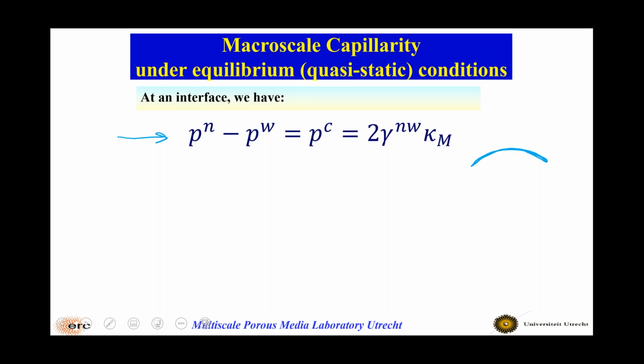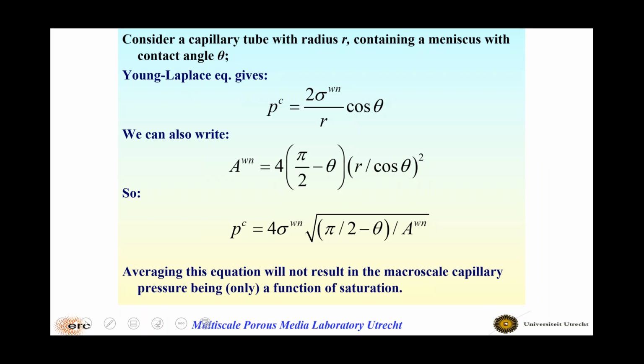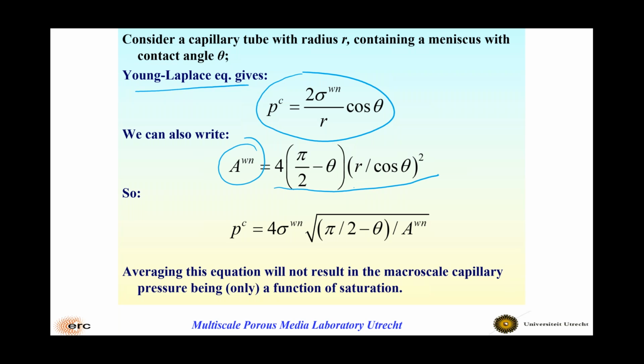Now, you can never average this equation and get the macro scale capillary pressure relation that we know. In fact, if you average a relation like the Young-Laplace equation, we can write the area of the interface in this form related to the radius of the tube and contact angle, and you can write that the Pc is a function of the area of the interface.